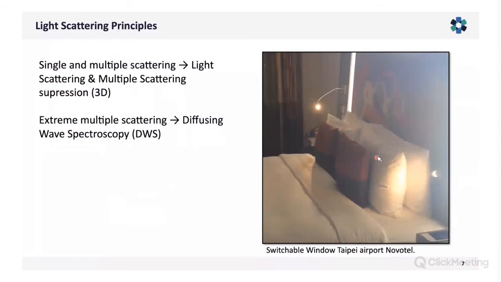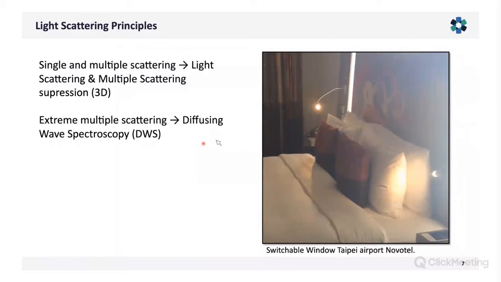This is also illustrated in my next slide when you go from single scattering to multiple scattering, just with a small video. So in single and multiple scattering, you have light scattering and multiple light scattering that you might be able to suppress, as I will explain in my next slides. And you can have extreme multiple scattering that you can then address with diffusing wave spectroscopy, which I will not talk about today.